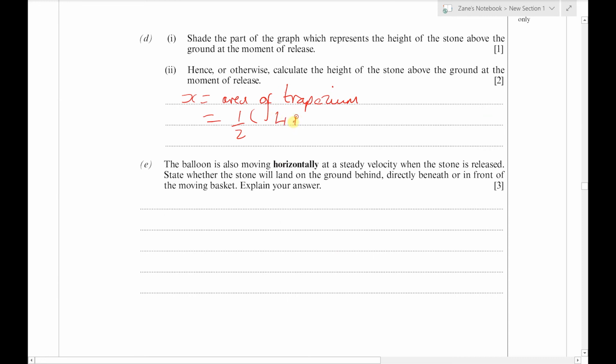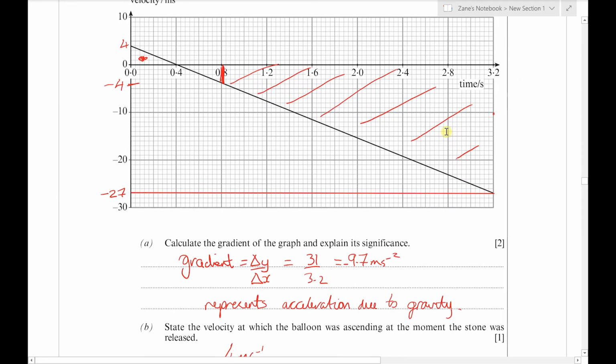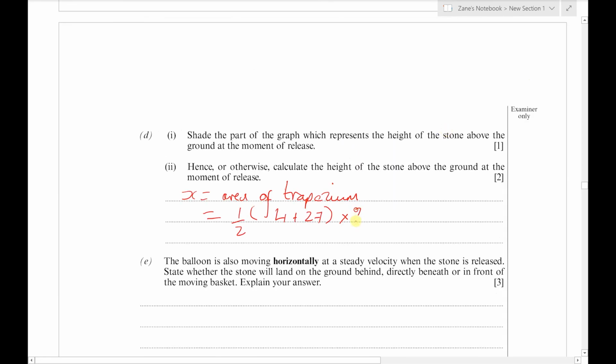So we've got 4 plus 27 times the distance between, going from 0.8 up to 3.2 seconds, which is 2.4 seconds. Let's put that into the calculator, and we get 37.2 meters.